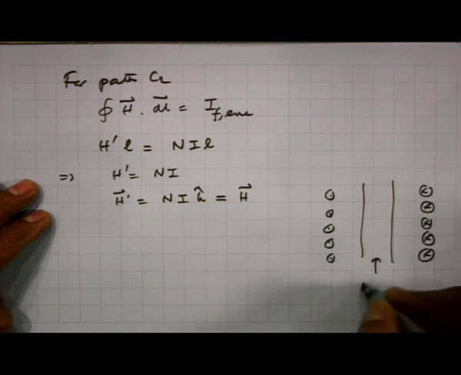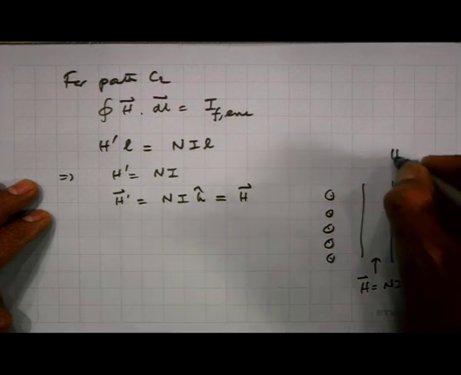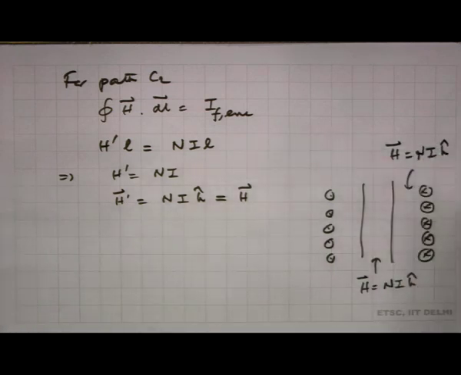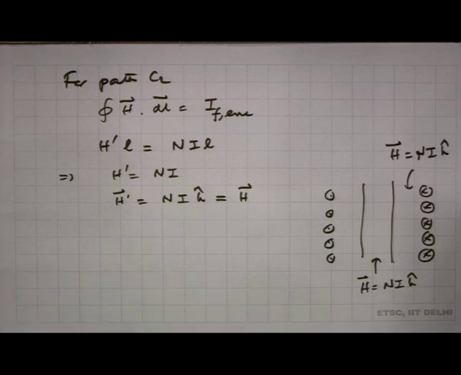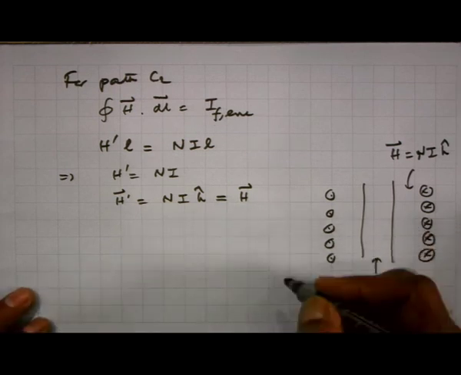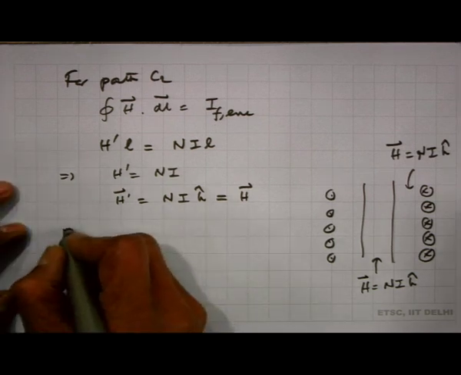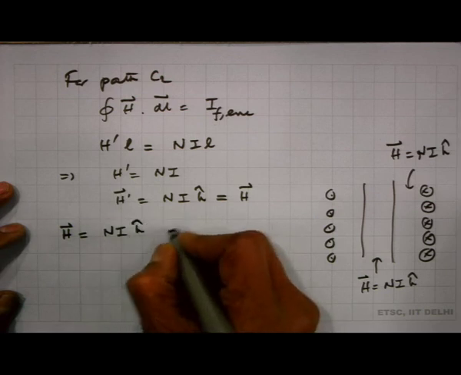Here H is equal to N I k, here H is the same. So H is the same throughout the region within the solenoid, and of course H is 0 outside. So the H vector is equal to N I k everywhere within the solenoid.